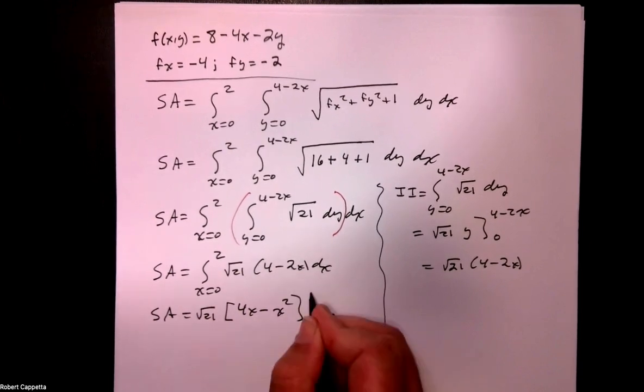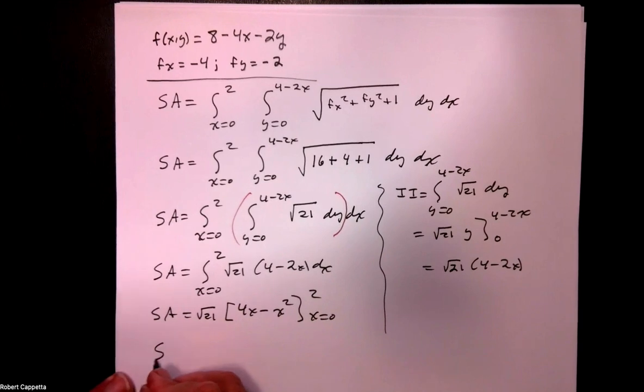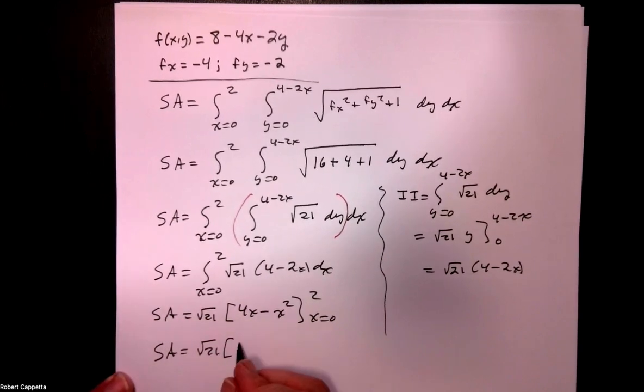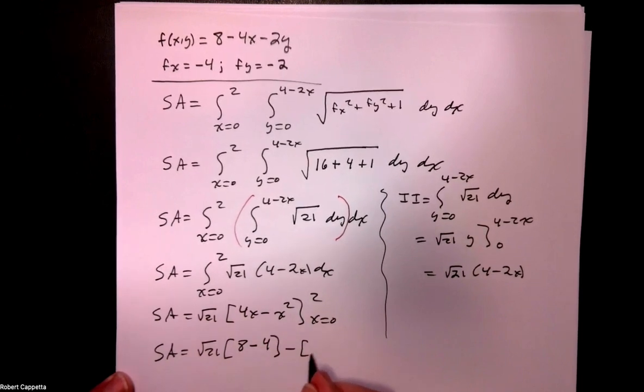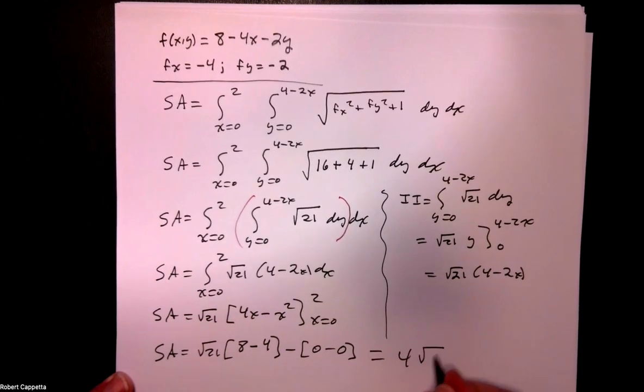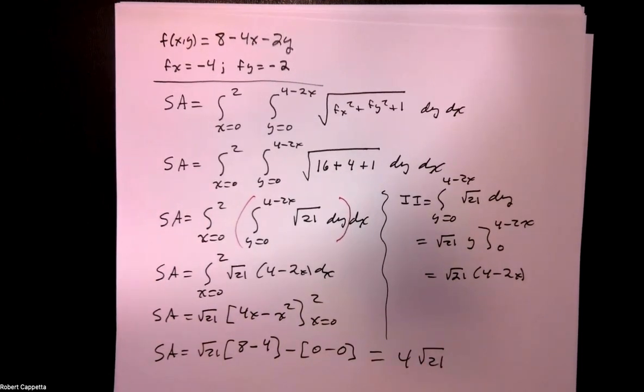Evaluated as x goes from 0 to 2. So surface area is root 21, 4 times 2 is 8, minus 2 squared is 4, minus 0 minus 0, which equals 4 times the square root of 21. And that is my surface area of that portion of the plane in the first octant. Or if you like, we can consider that the area of that triangle.